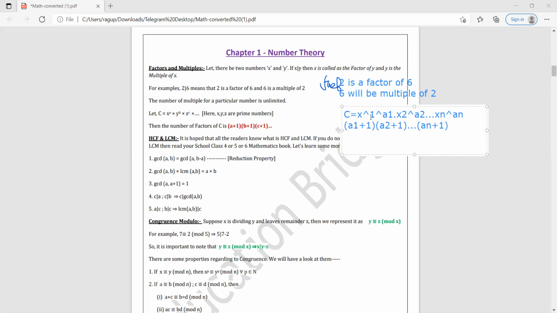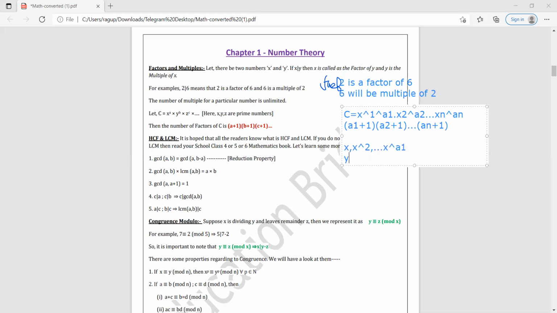Now, first let's observe. The factors we can see are x is there, x raised to 2 is also a factor, dot dot dot till x raised to a1, whatever is a1.